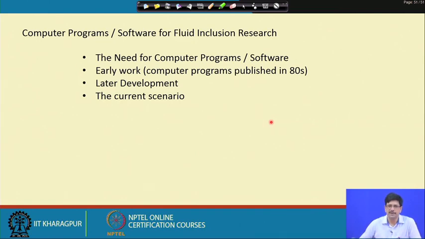So, in the early stages there were many workers of fluid inclusions who were writing small programs in high level programming languages like BASIC or Fortran.